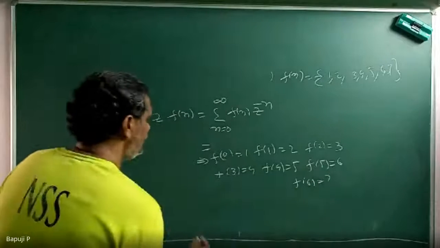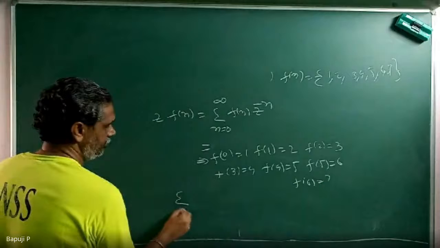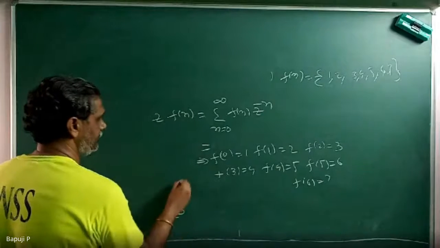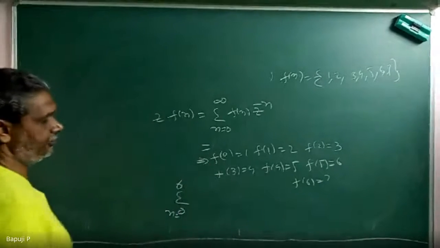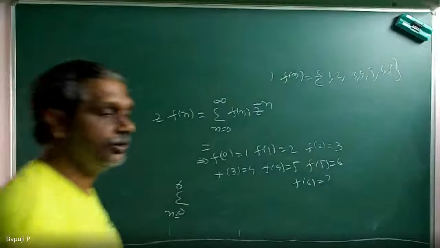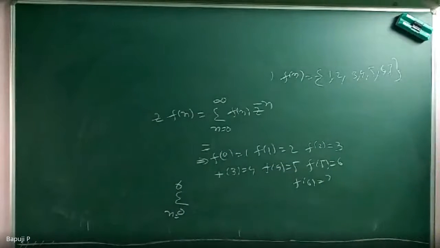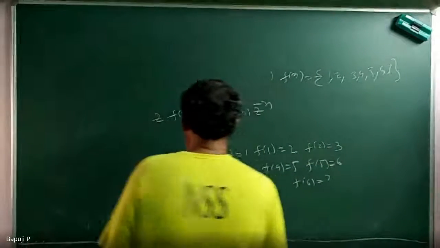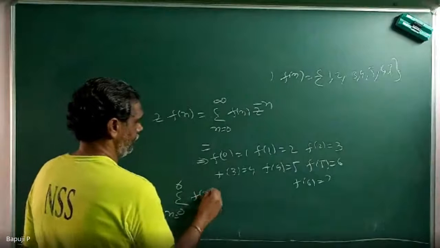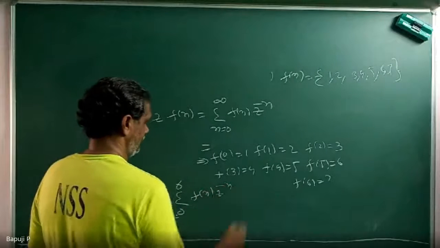So my series runs from where to where? You can stop at 6, because the remaining values are all 0, 0, 0. Actually my series goes from 0 to infinity. So I can stop here at 6 because every remaining value is 0. So how can I write here? f of n z power minus n.